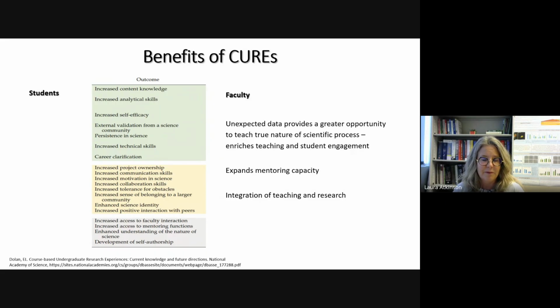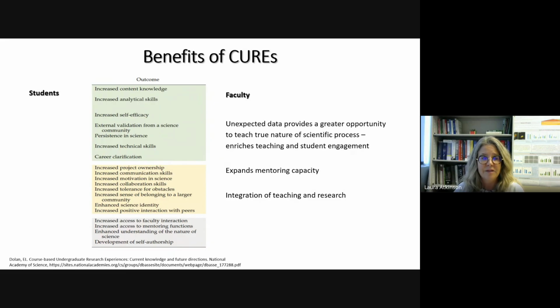And this is a table from a publication where they showed that students benefit in several aspects. They increase their content knowledge, their analytical skills, their self-efficacy. They have external validation from a science community. They persist in science and really understand those skills. And they have potentially career clarification because they get to experience real research.